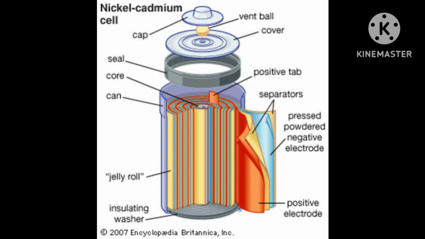Again, nickel cadmium cells are used in battery operated appliances such as: first, pocket calculators; second, photo flash units; third, cordless garden tools; fourth, electric shavers; fifth, many instruments; sixth, alarm systems; seventh, transmitter receivers; eighth, emergency lighting; ninth, hearing aids; and tenth, telemeters.